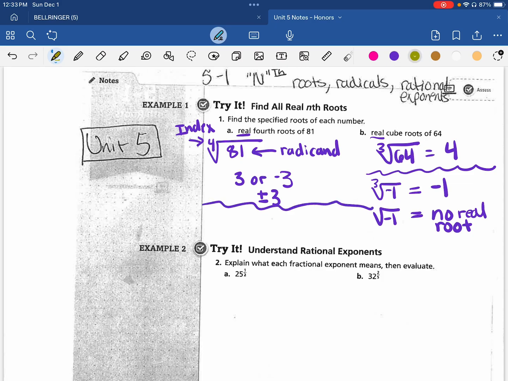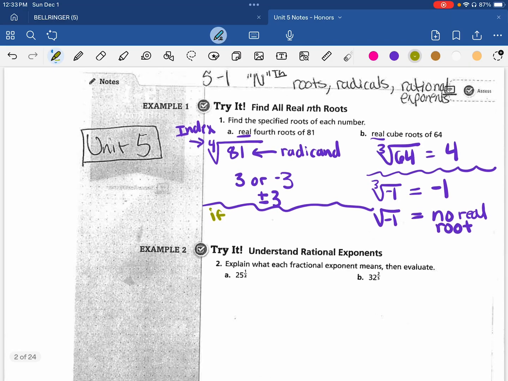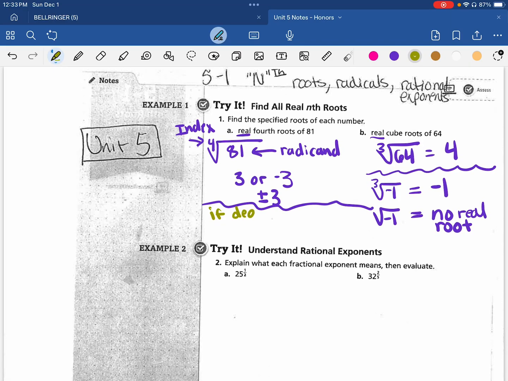All right, so there's a little rule that says if your degree is odd, in other words like cube roots, you will have one real root, or an odd number of real roots.